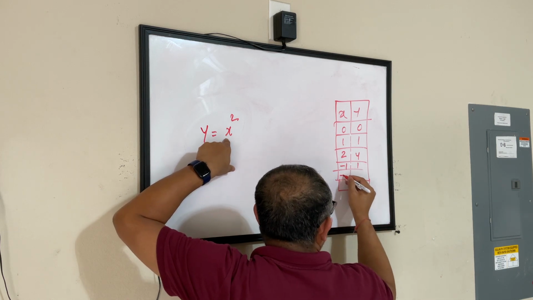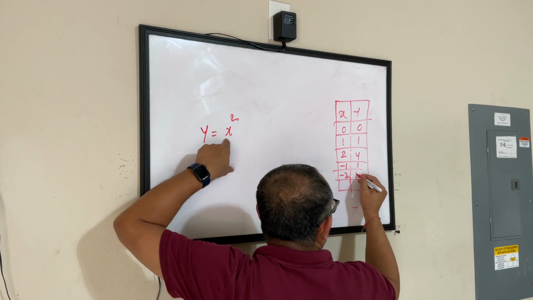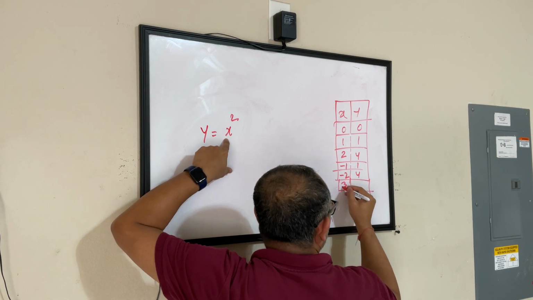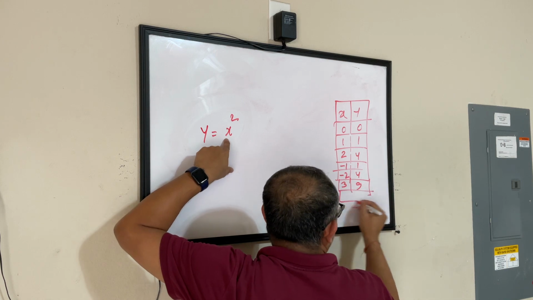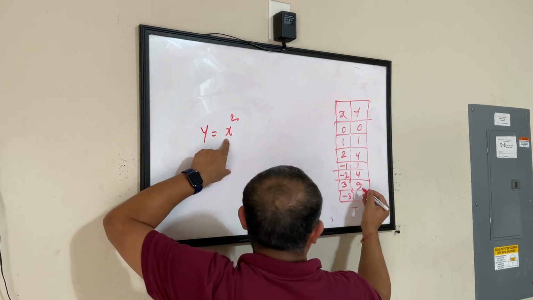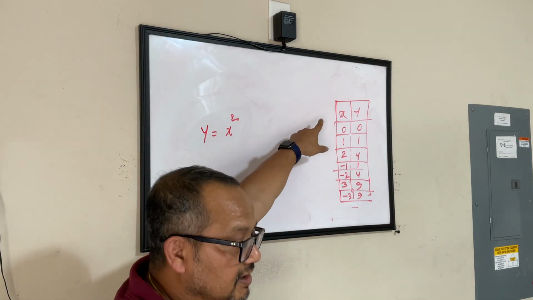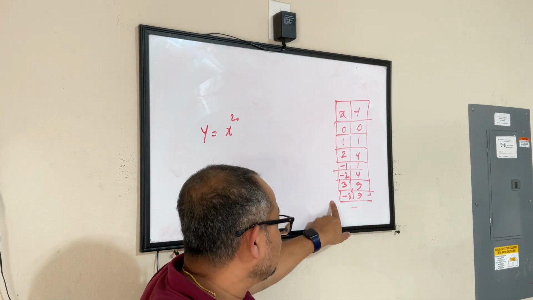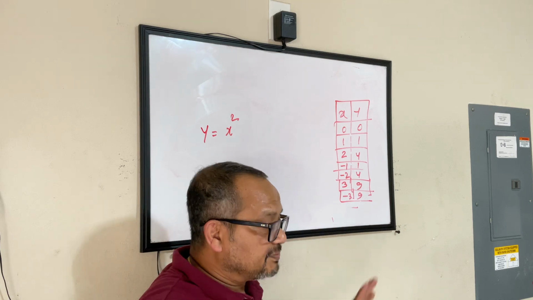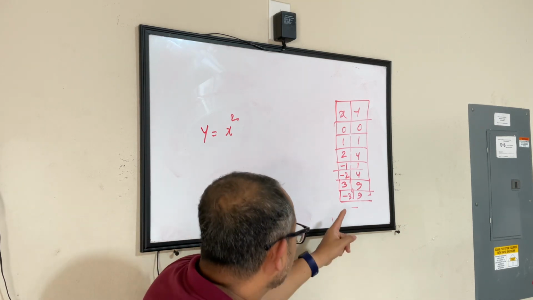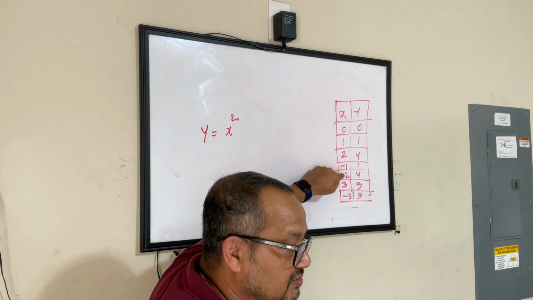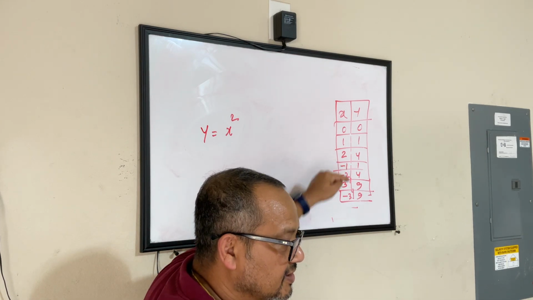When I put x equal to minus 2, then also I get 4. When I put x equal to 3, I get 9. I put x equal to minus 3, then also I get 9. Are you guys with me so far with this table? I just picked some values. Just because I have a square here, I played with both the negative and positive numbers.